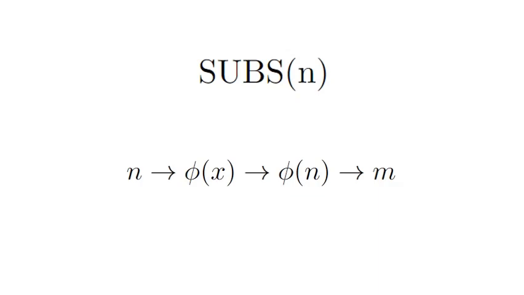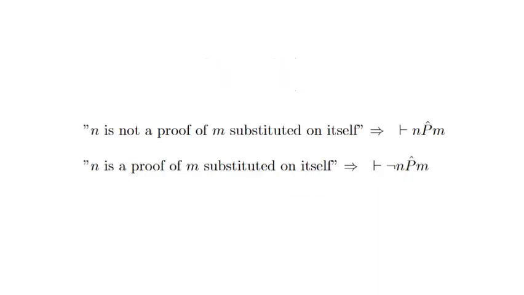So we're going to take this substitution function and use function composition to obtain the following relation: n P hat m, which reads pretty much n is not a proof of m substituted on itself.